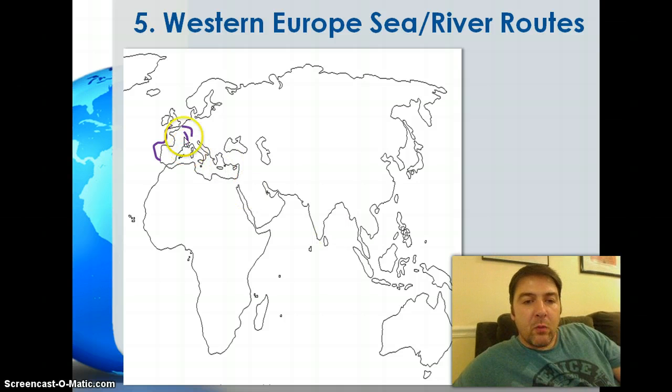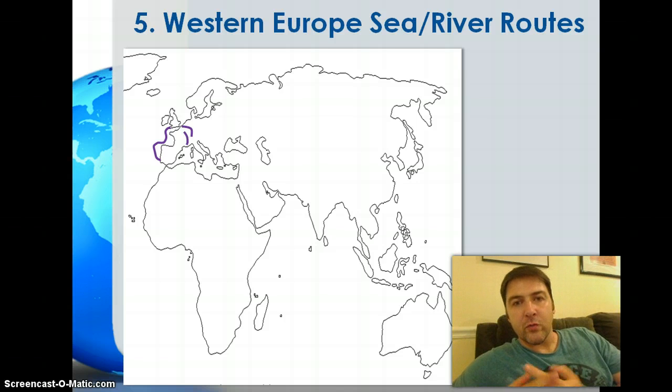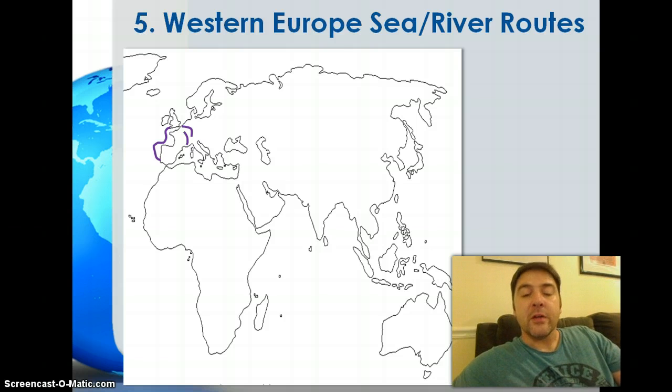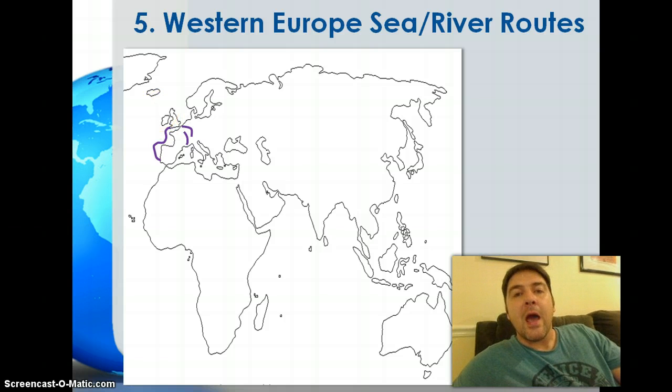Up here in Western Europe is crisscrossed by a number of rivers like the Rhine and the Rhone, the Danube. These are major rivers in Europe, and a lot of trade took place on these rivers and also along the coast of Europe, traveling sea routes.